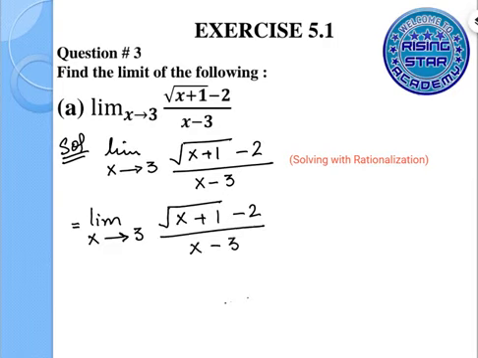Now we will multiply and divide the numerator by the same expression with the opposite sign. So that is square root of x plus 1; here we have a negative sign, we will change it into plus. And we will divide it by the same value.